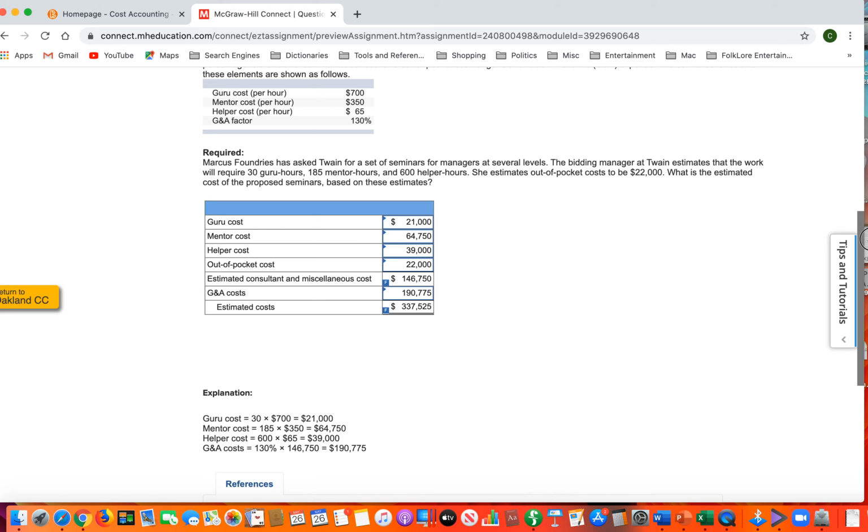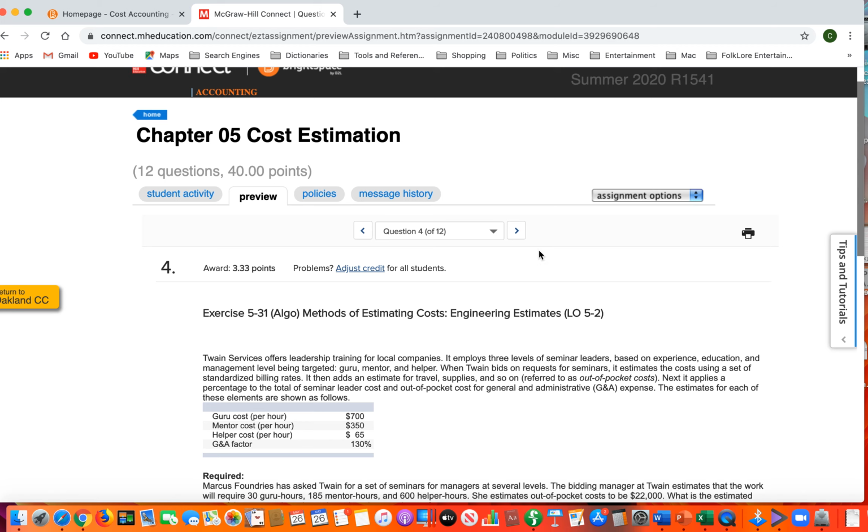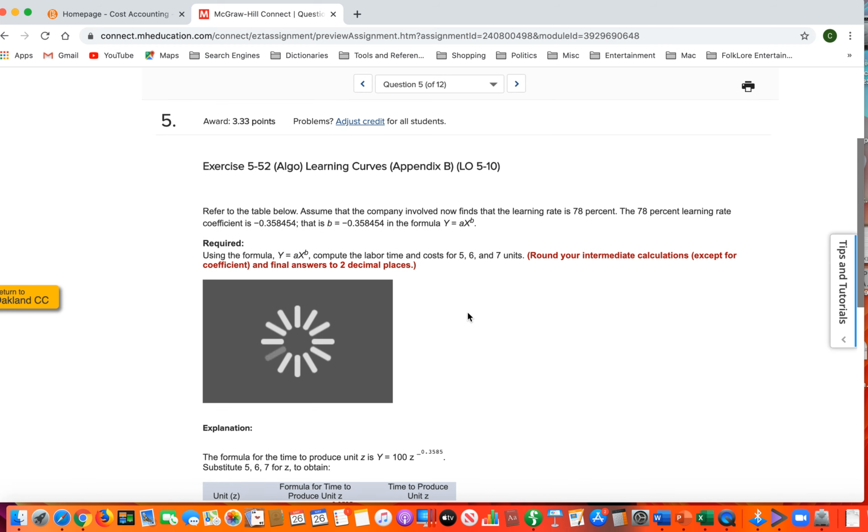Excuse me, 185 hours times $350. See that there? It's just multiplying and adding them all up. That's so simple. I probably won't even include it on the exam. Well, let's move on to number 5.